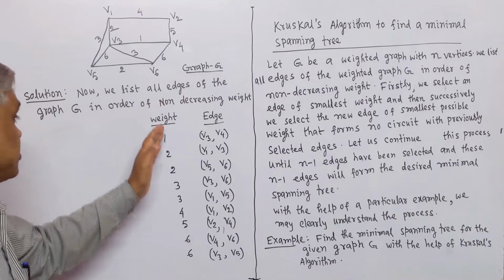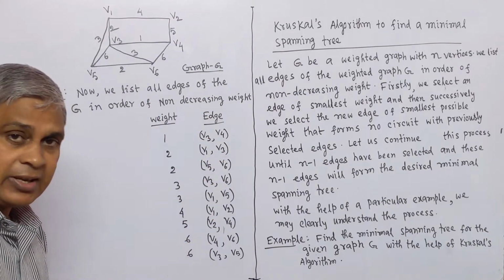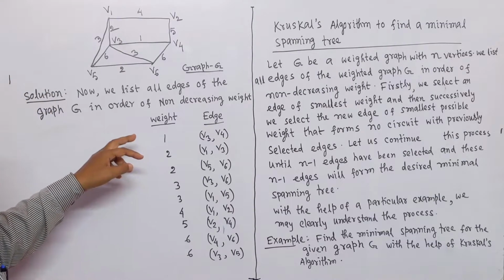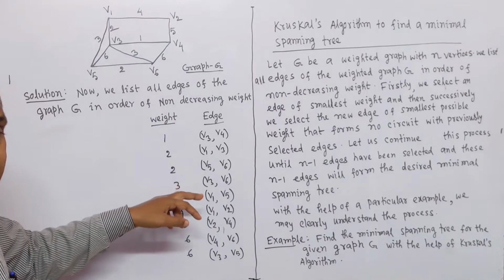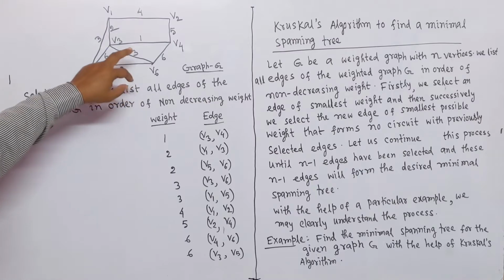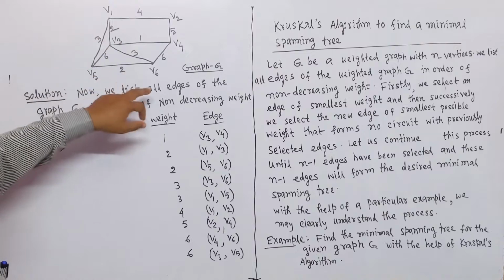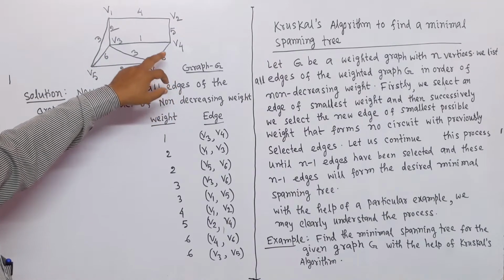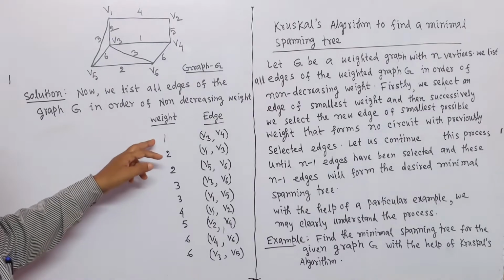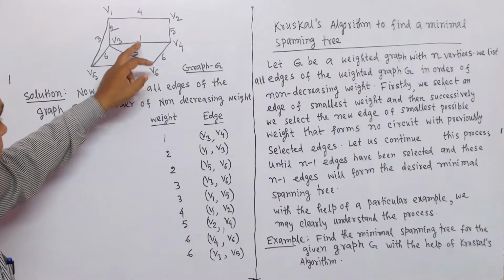Here first column is weight and second column is edge. Here we see that we have weights 1, 2, 3, 4, 5, 6, and we write firstly the smallest, which is 1.